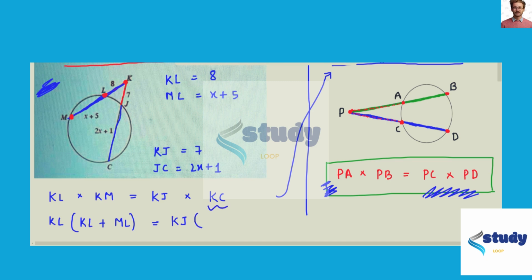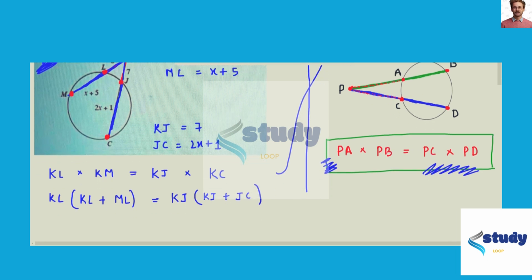Now this segment KC can be written as the addition of KJ plus JC. Now we will substitute the values in this equation.